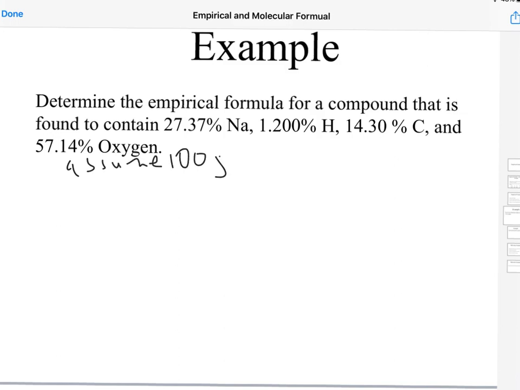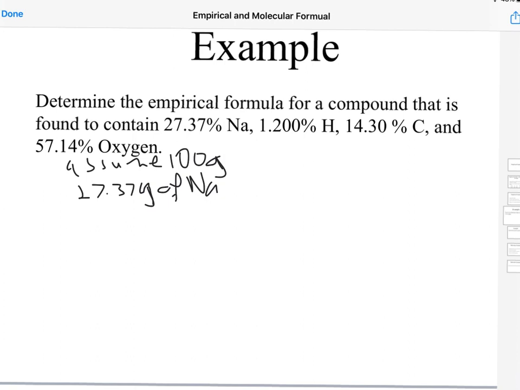That means that we start with 27.36% of sodium. That is the same as 27.37 grams of sodium. And then what we're going to do is convert that to moles. The way that we convert that to moles is we divide through by the molar mass.